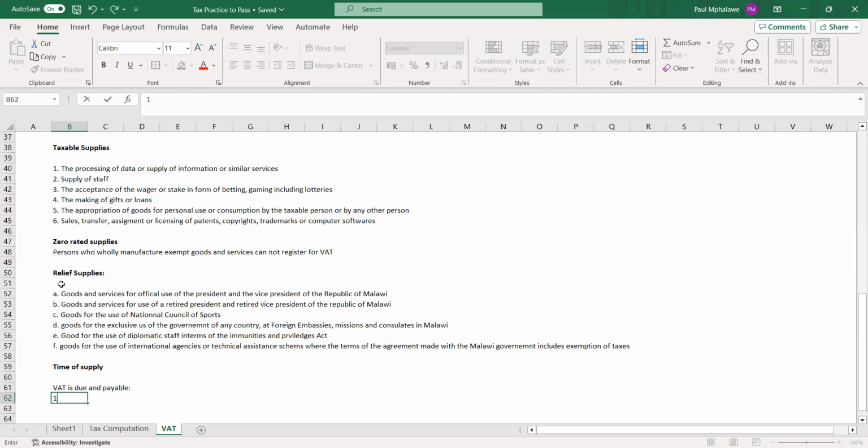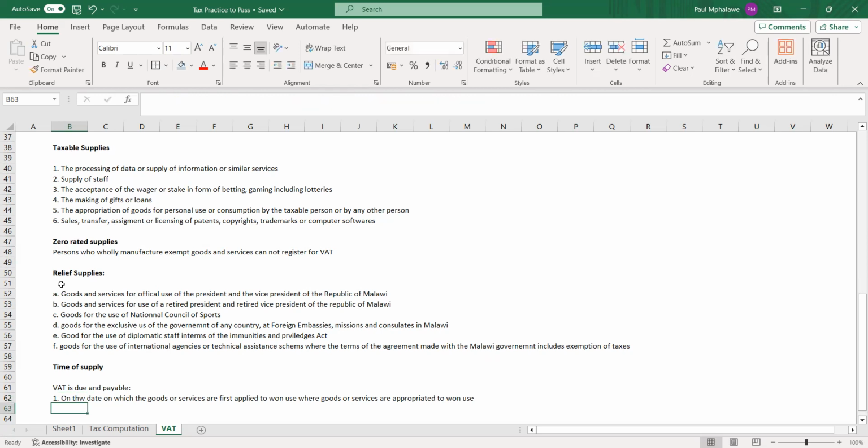Number one, on the date on which the goods or services are first applied to own use, where goods or services are appropriated to own use by the manufacturer or the seller.